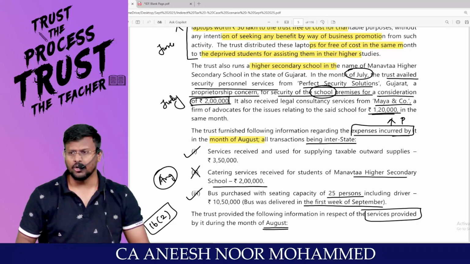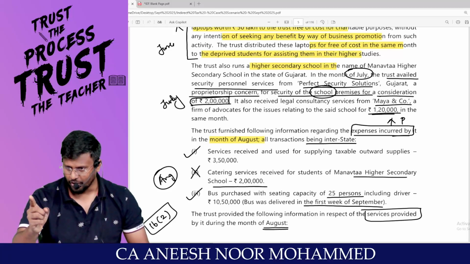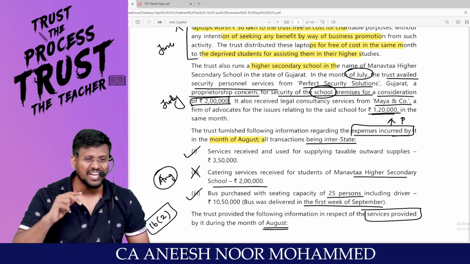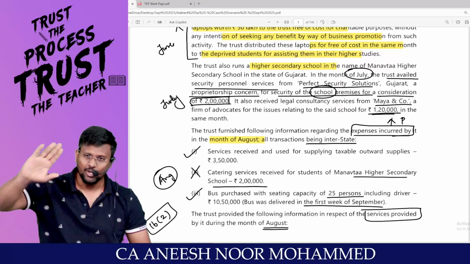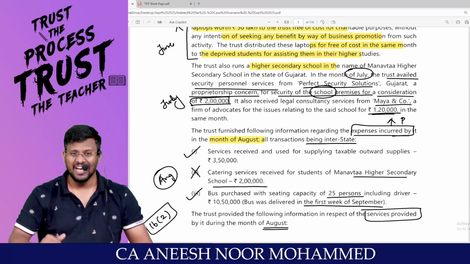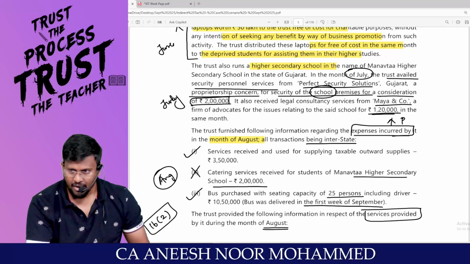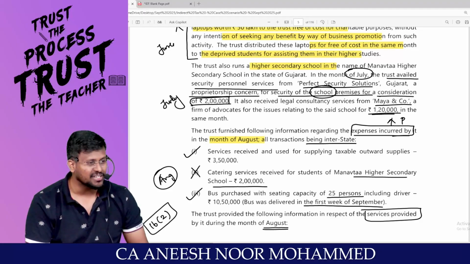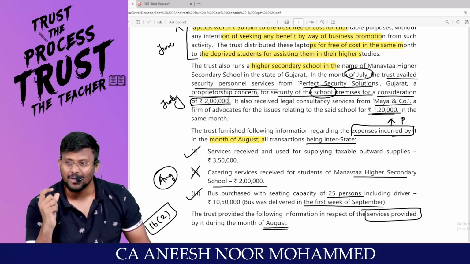Services provided to an educational institution by way of transportation of students, staff and faculty, catering services including midday meals, security, housekeeping and cleaning services, conduct of examination, and also supply of online periodicals and journals are exempt from GST. Like this, we should be able to connect the provision.